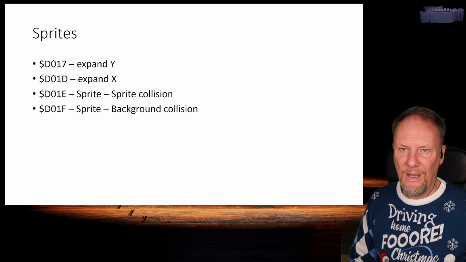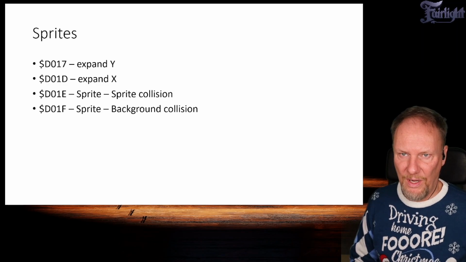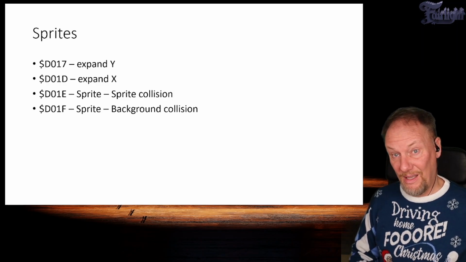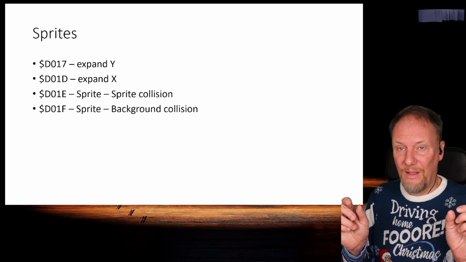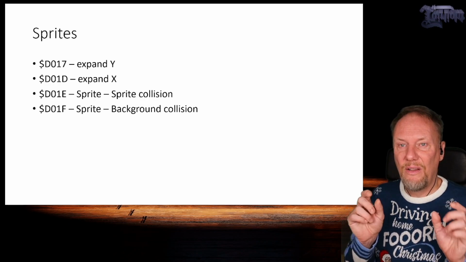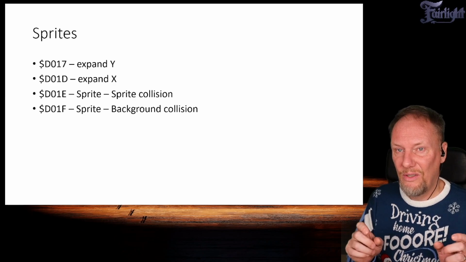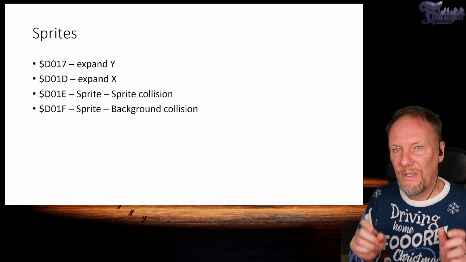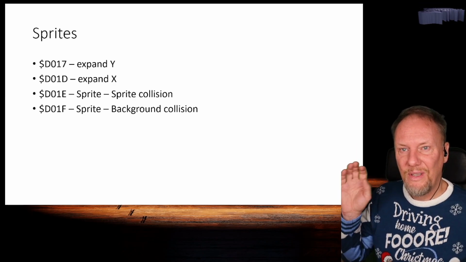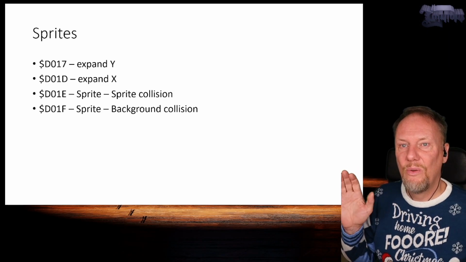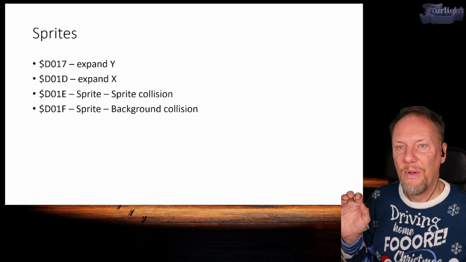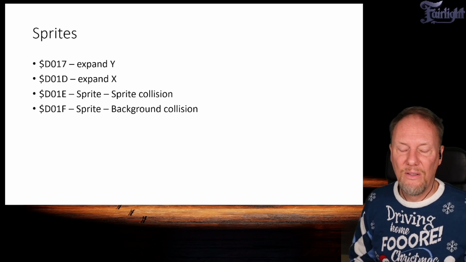But if you have sprite 0 and 1 colliding, and then you have sprite 6 and 7 colliding, the 4 bits are set, and you couldn't tell which one collided with which one. For that, you need additional logic. All the register is telling you is that this sprite was hit by another sprite. Now you find out what really happened and how you would like to act on that.